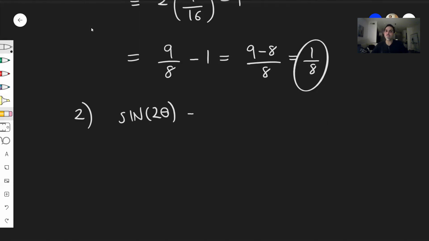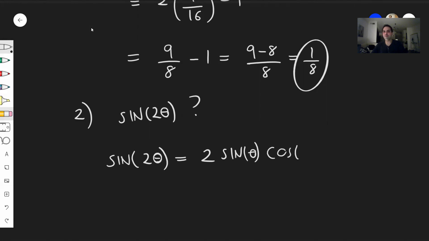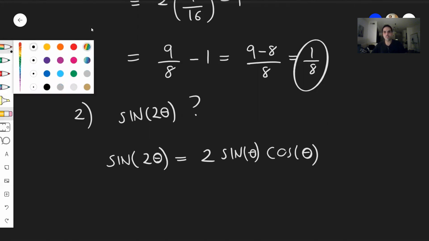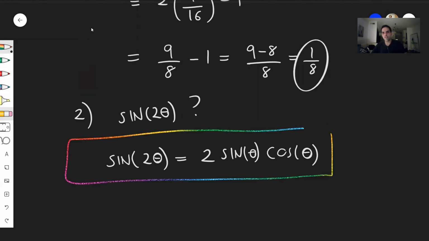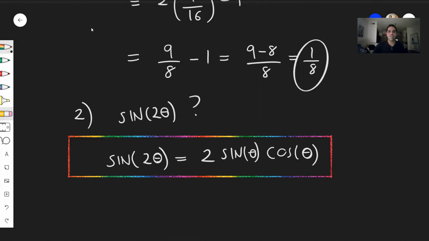Now, of course, the next question is, what is sine of 2 theta? And for this, we need another formula, which is simply as follows. Sine of 2 theta is 2 times sine of theta, like pulling the 2 out, but then remember you have to multiply this by cosine of theta. So that's the second formula.